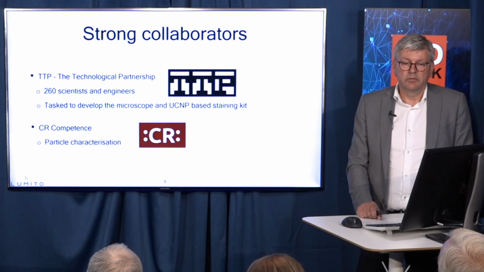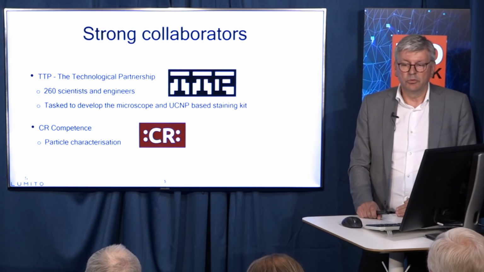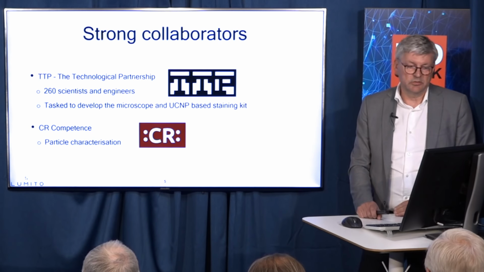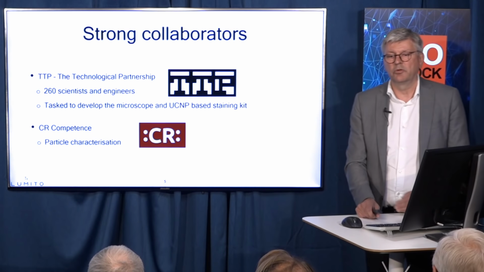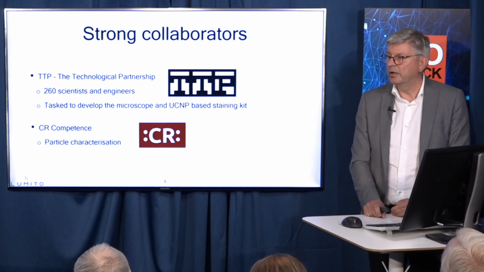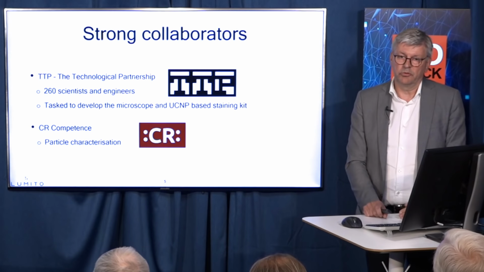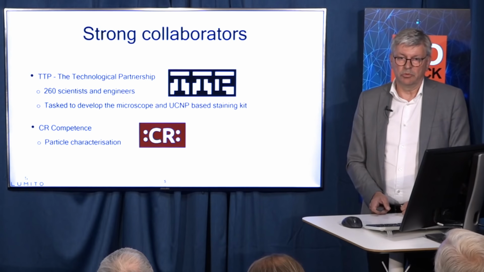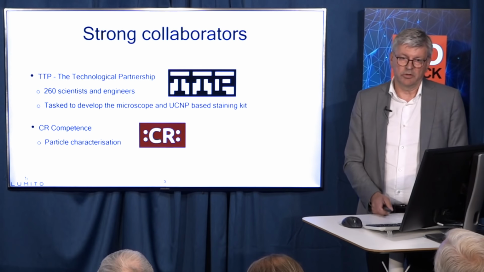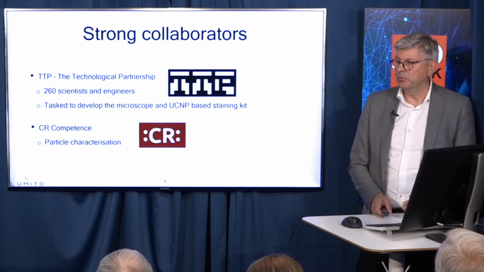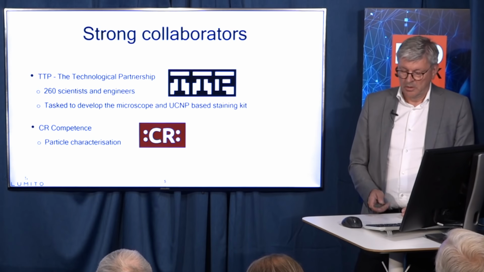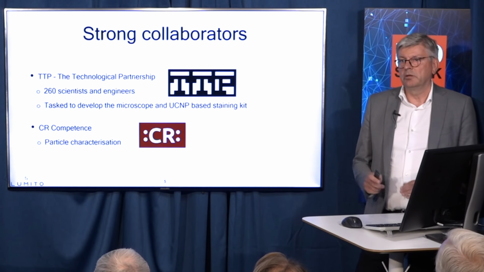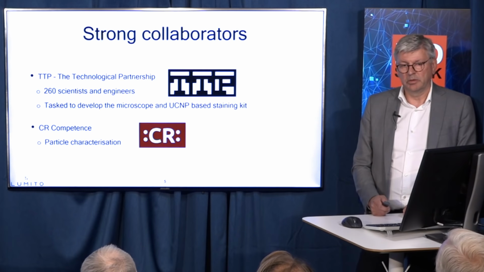That made it possible for us to start directly as soon as we got funded and do the proof of concept phase, and also to scale in a way that is not possible otherwise. If we were supposed to build our own development department, we would not be out of the proof of concept phase today. So that has been a real success factor for us. We are keeping the core competencies in the company, but we are doing all the development work with our partner.